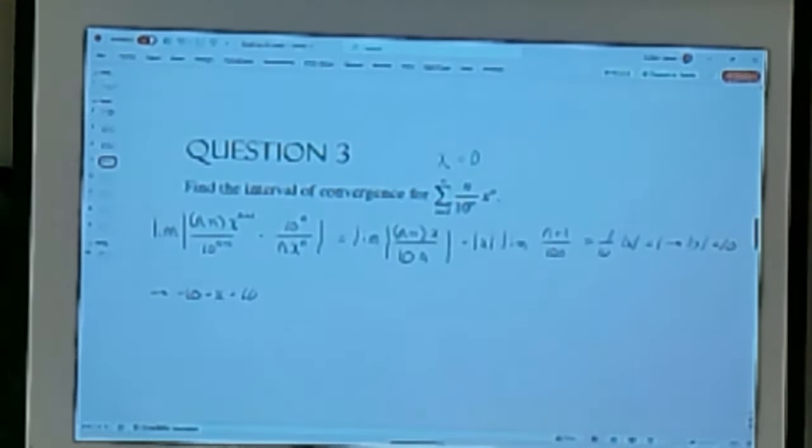What is the radius of convergence? 10. What was the limit? 1/10. How are they related? So right now I'm just interested, how are 1/10 and 10 related?